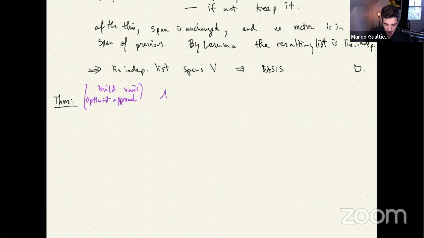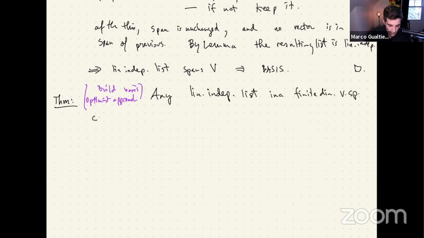So the theorem is that any linearly independent list in a finite dimensional vector space can be extended to a basis.